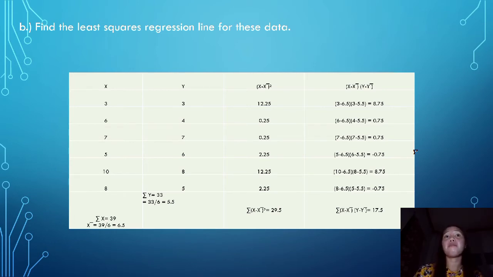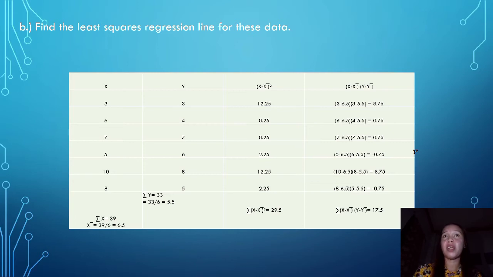To come up with the summation of x, add all this data and the result is 29.5. The second formula is x minus x bar times y minus y bar. So we substitute it. X equals 3 and x bar equals 6.5.